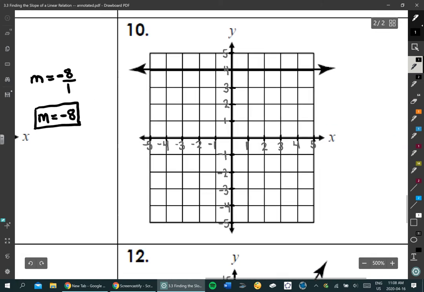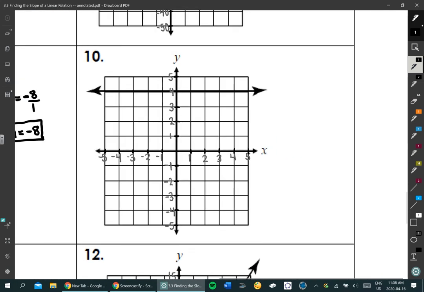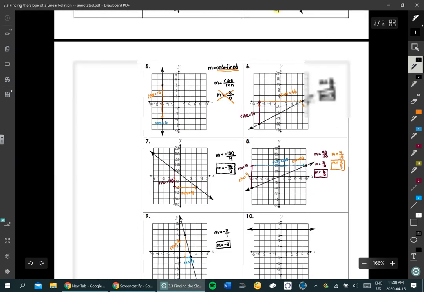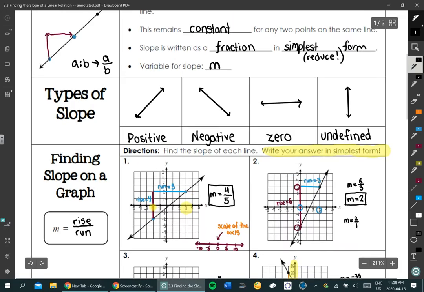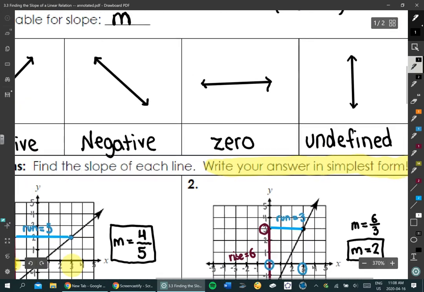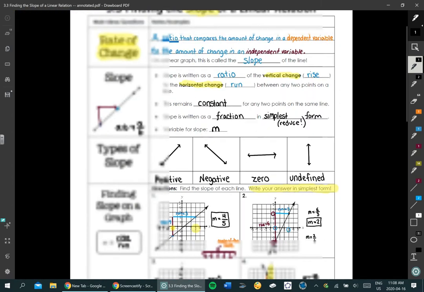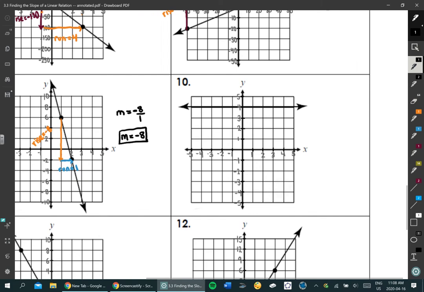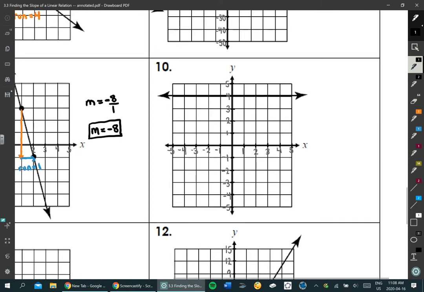Here we go. We have a horizontal line this time. If we quickly go back to the previous page and look at the types of slope, we know that a horizontal line should give us a 0 slope. So let's check it out. We are told that m is equal to 0, and let's see why that's true.